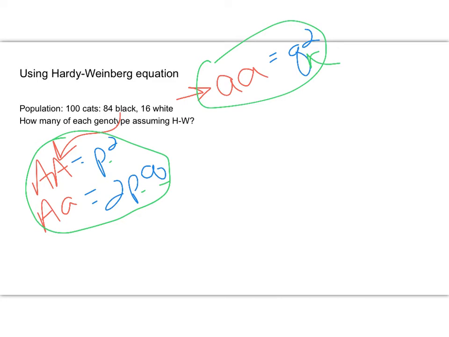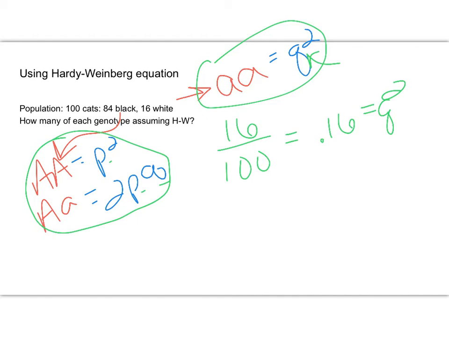So if I want to know how often this recessive genotype shows up, then I can just say 16 out of 100. So that is going to be 0.16, and that's equal to q squared. So now I have a value for q squared.